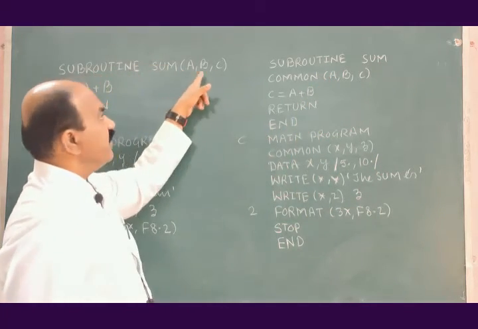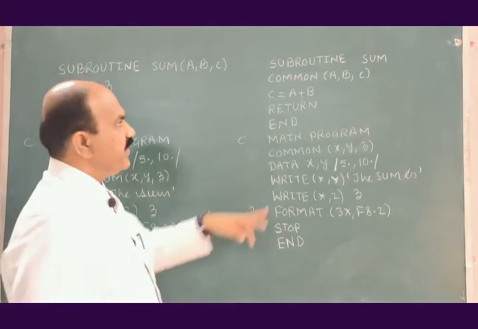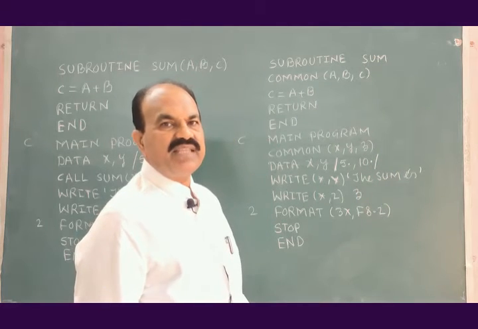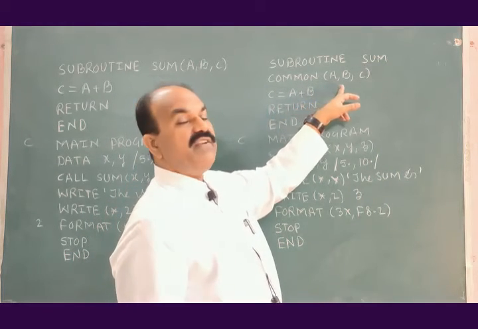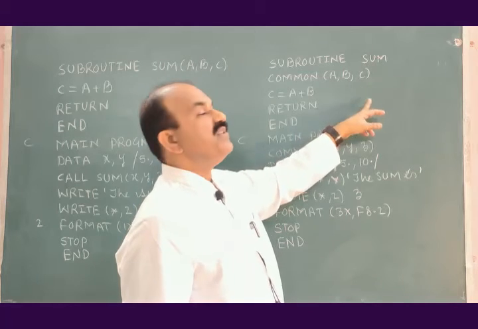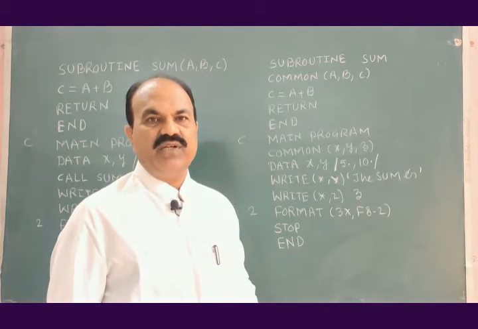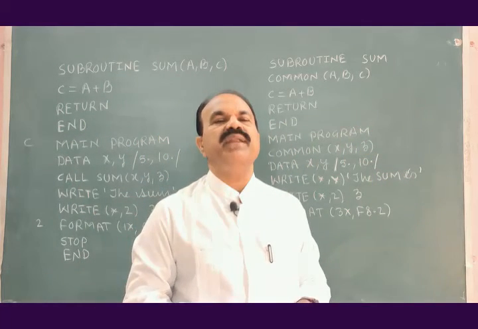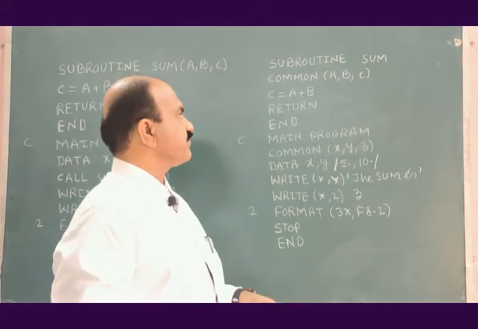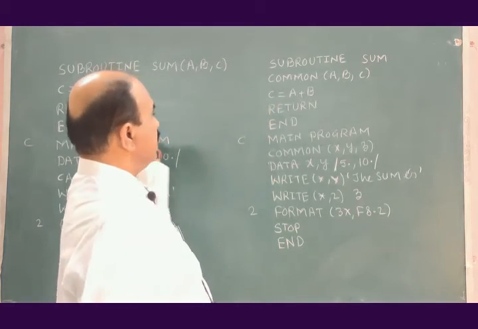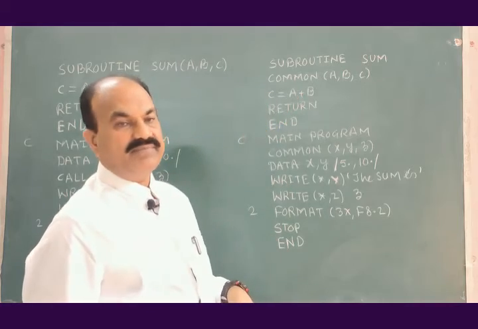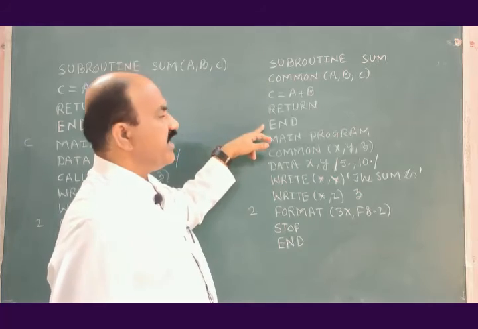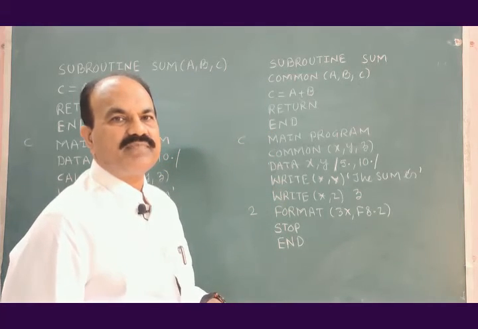Instead, we define the variables A, B, C in the common statement, common A, B, C. So, some memory area of the computer will be reserved for A, B, C. Then the same thing, C is equal to A plus B, return, end. This is the subroutine using the common statement.